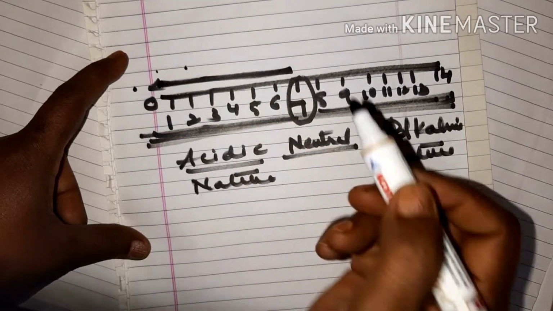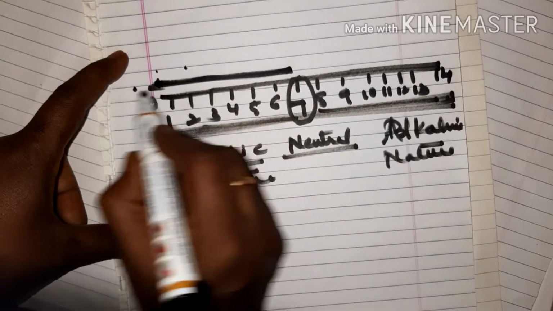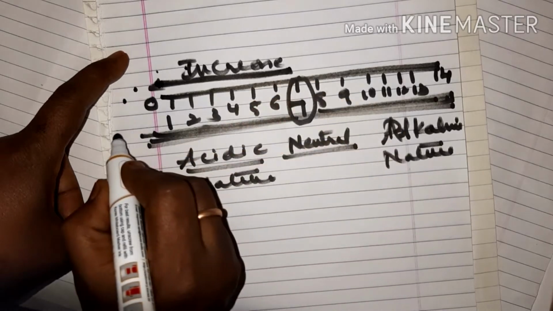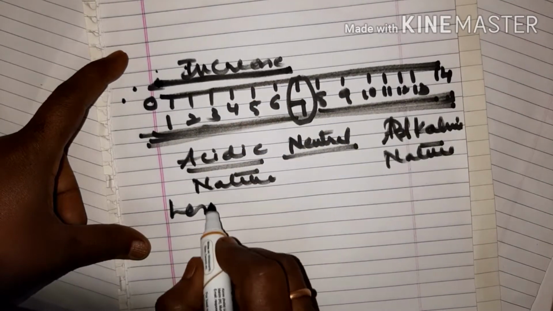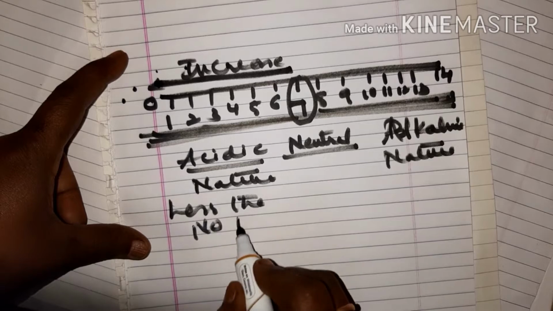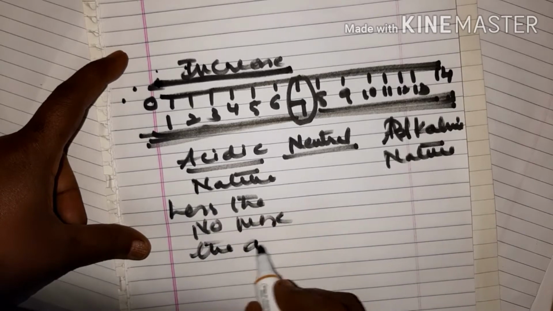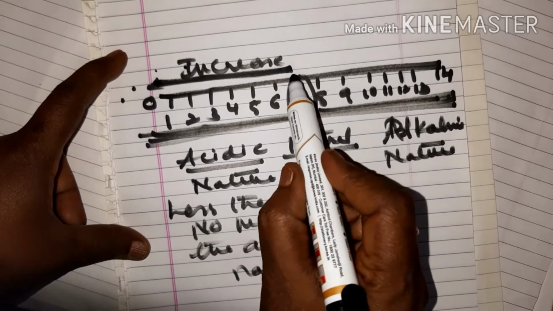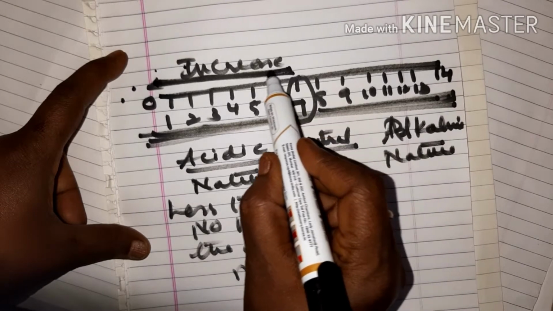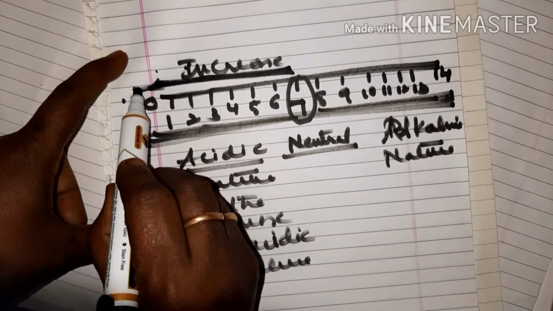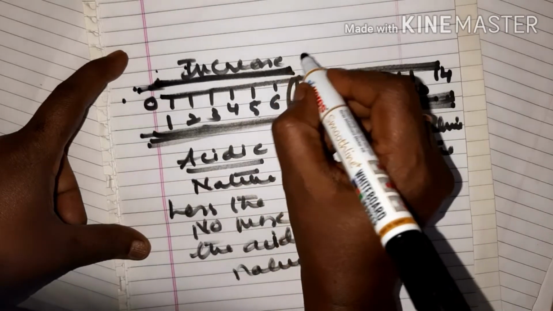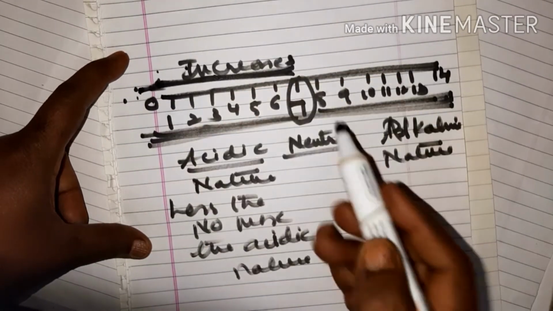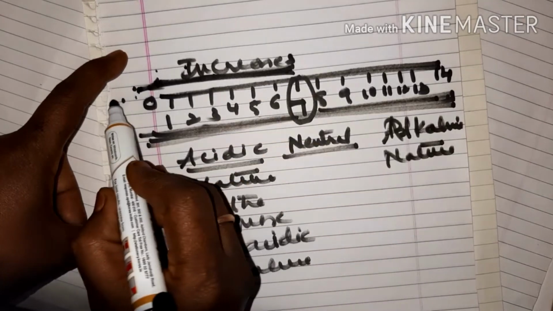That is, as the number decreases, the acidic nature increases. This you have to remember, children. Less the number, more the acidic nature. As the number decreases, the acidic nature increases.